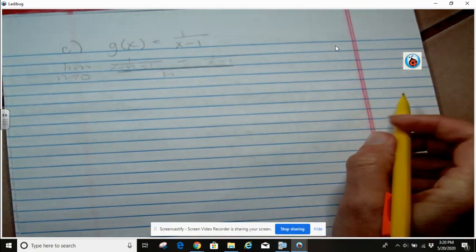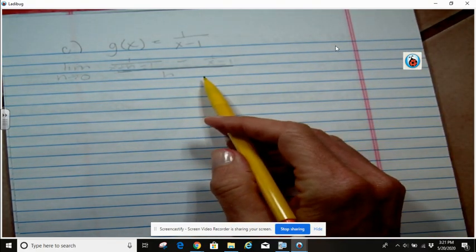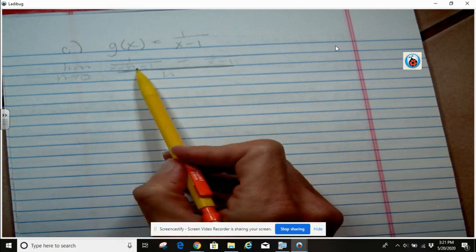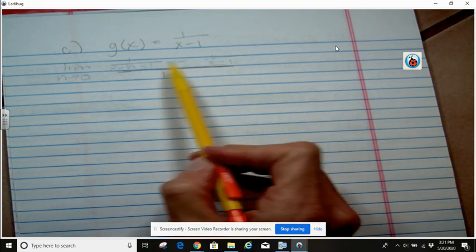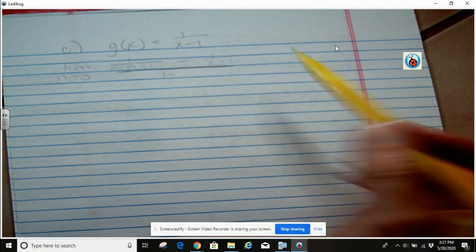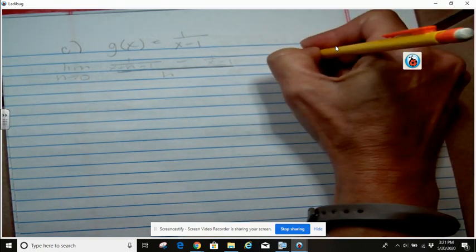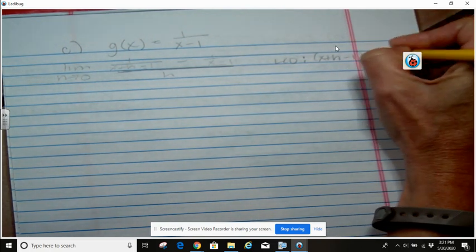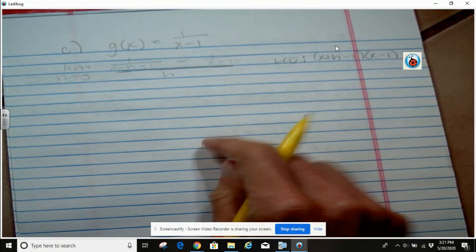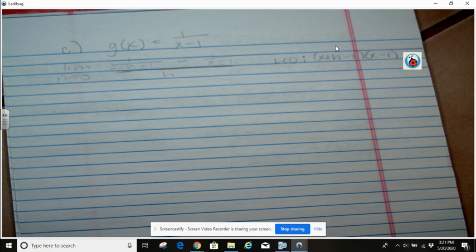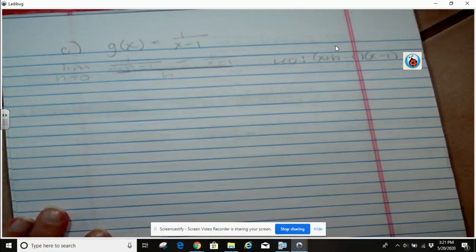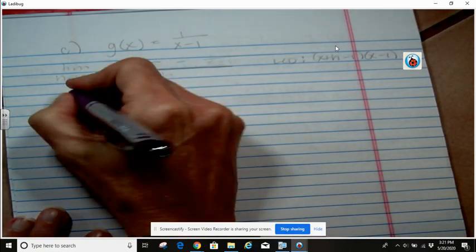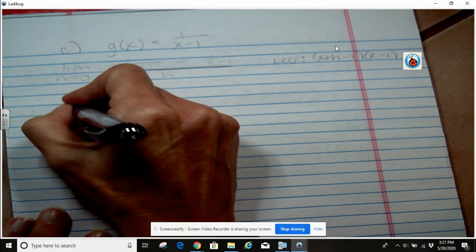Okay, so the common denominator is going to be a combination of each of these. If it exists in one denominator, it's got to be part of the LCD. So the LCD is going to be x plus h minus 1 times x minus 1, which means I'm going to switch to pen so you can see it better. The limit as h approaches 0.